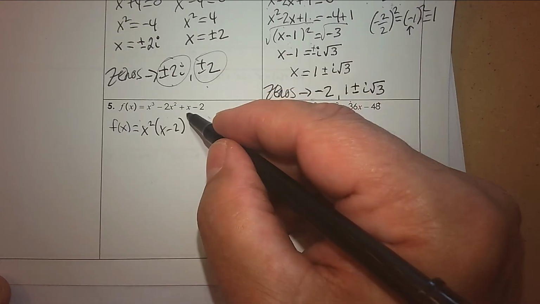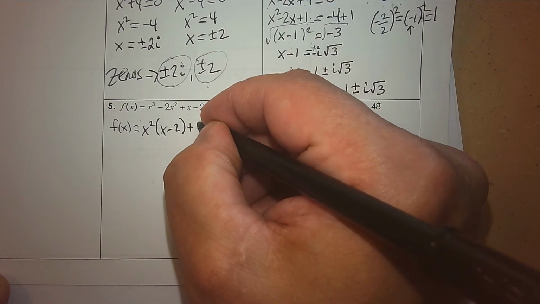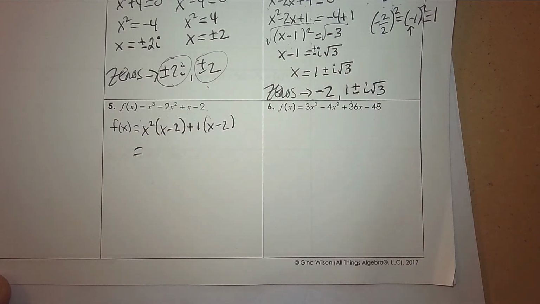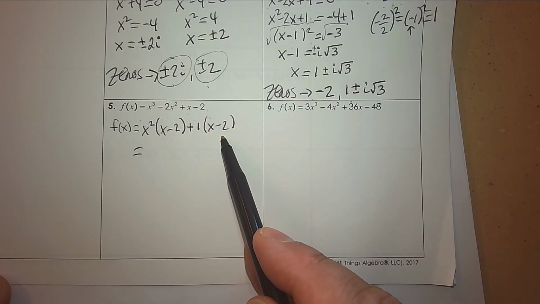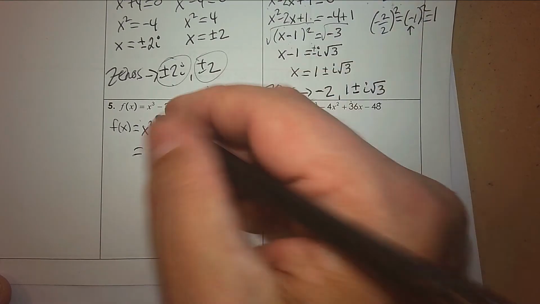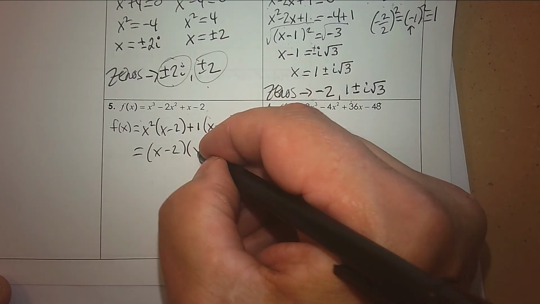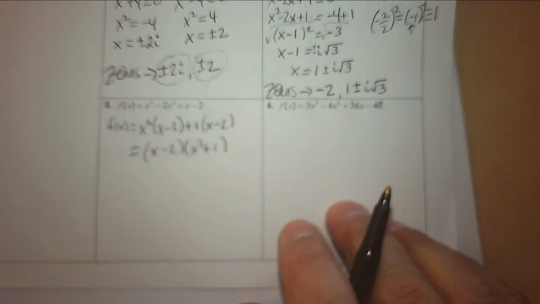But x and negative 2 only have one number that goes into them both evenly, and that is 1. Do these match? Do they have a factor they share? And the factor they share is x subtract 2. And what's left over is x squared plus 1 when you factor out the x subtract 2.